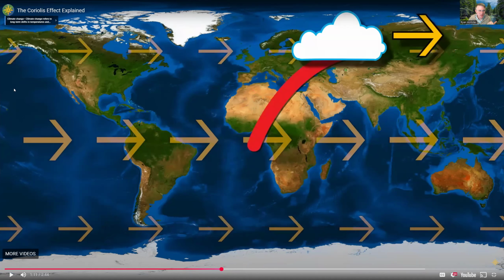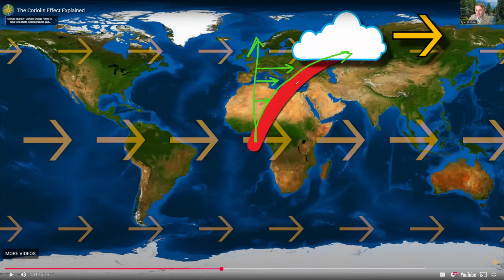This time it makes a lot more sense from this perspective: the cloud wanted to go straight north, but because it was moving so much faster, it pulled ahead and ended up in front that way. And so it ended up being deflected to the right.